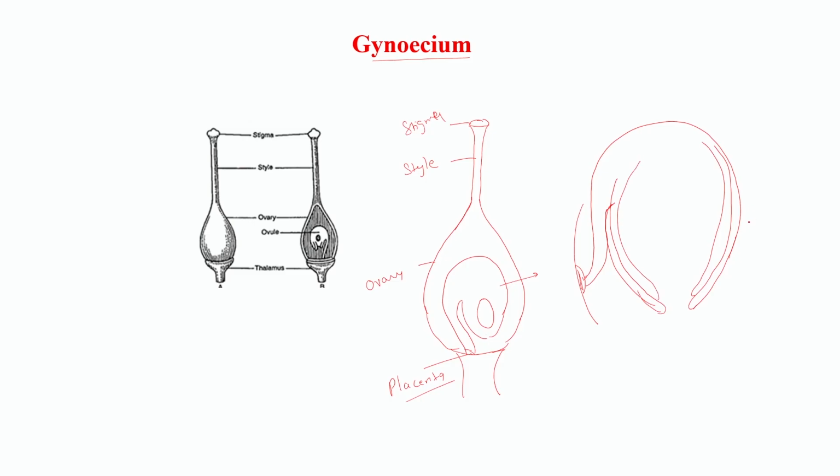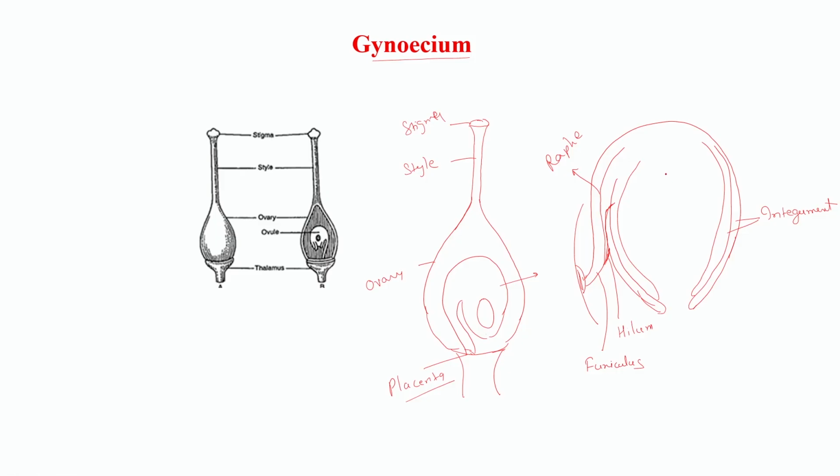This single ovule will be surrounded by integuments. Generally 2 integuments are there, the outer integument and the inner integument. It will be attached with a stalk, which is known as the funiculus. This will be connected with the main body through a structure known as the hilum. Then there will be an extension of this stalk along the entire body, which is known as the raphe.